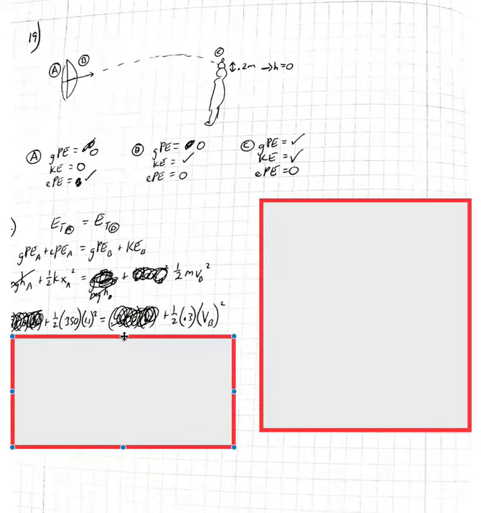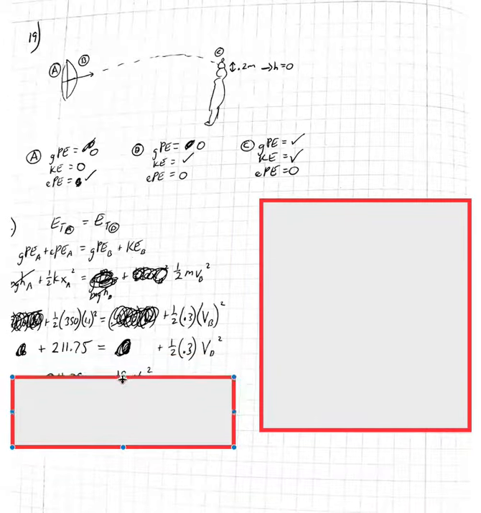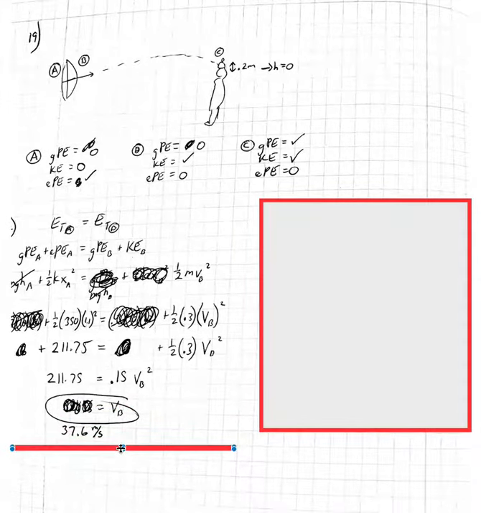Putting in the numbers that we know, and I messed up here, so I had to correct it. We can find out that the velocity at B turns out to be 37.6 meters per second.